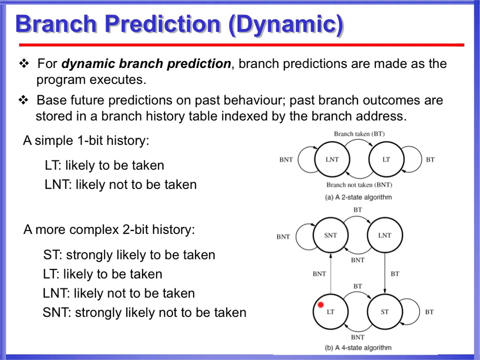So I'm not wrong this time. Okay? So it moves me back over here. I have to be wrong twice before it moves me back to the other prediction. Okay? So this has been shown to be a little bit more accurate, based on how branch instructions typically work in loops, or how loops typically execute. So that's what we call dynamic branch prediction.